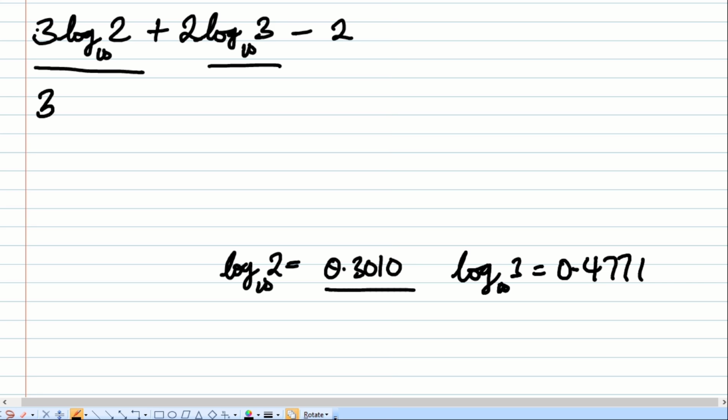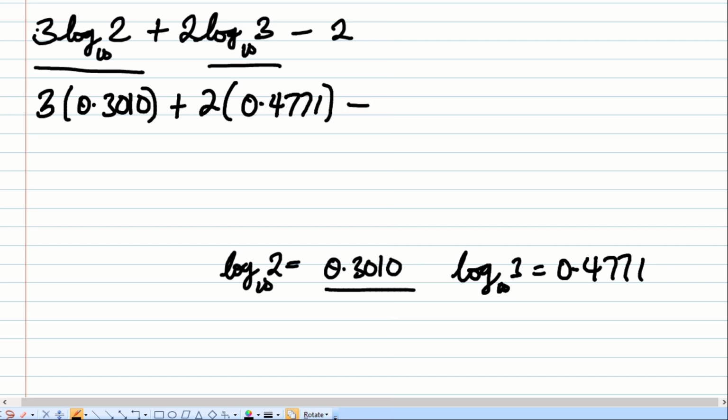So we are going to replace this as 3 times 0.3010 plus 2 times logarithm to the base 10 of 3, which is given as 0.4771, then minus 2. Now let's multiply out, and that will be our answer. So we have our answer as negative 0.1428. So this is the answer to the problem.